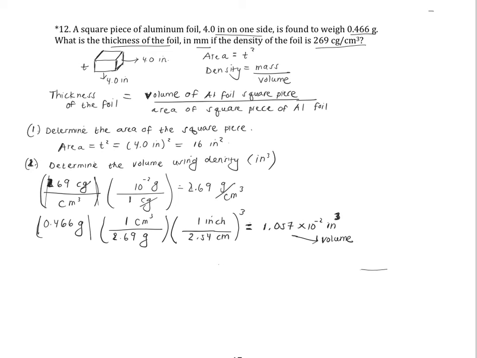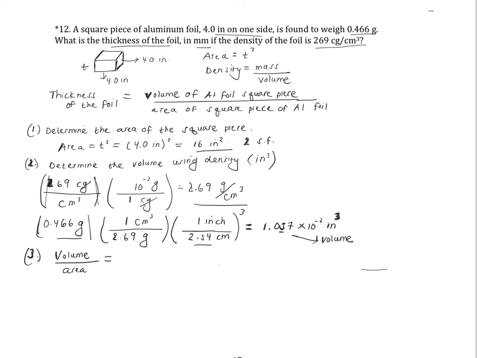Okay, so we have our area, which has 2 significant figures. And we have our density and our mass, which have 3 significant figures. So we'll put a line underneath the 5 to indicate we're going to stop at 3 significant figures. And now our last step is to determine the thickness by taking our volume divided by the area.